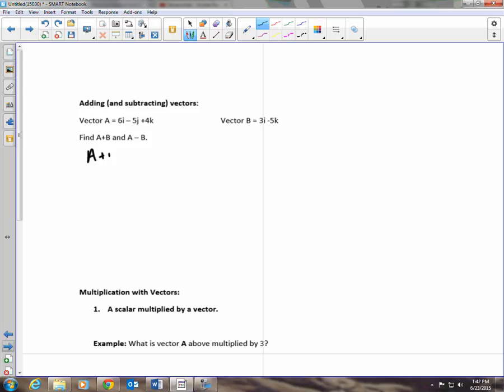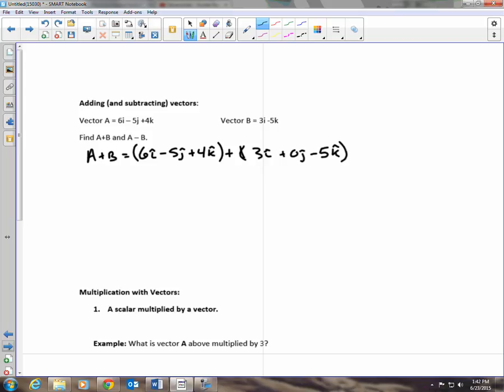So for A plus B, I simply add 6i minus 5j plus 4k, and I'm going to add that to vector B, which is 3i plus 0j, just to keep things organized, minus 5k. So then I would just combine like terms.